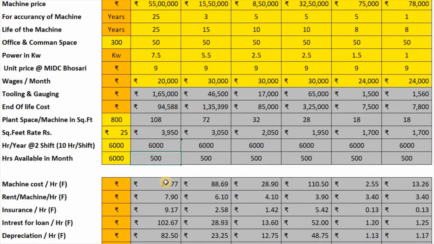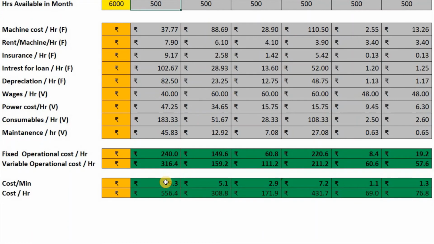Now we are seeing the machine cost per hour. This also we have defined in different heads: one is a fixed head and another is a variable head. It will calculate automatically.